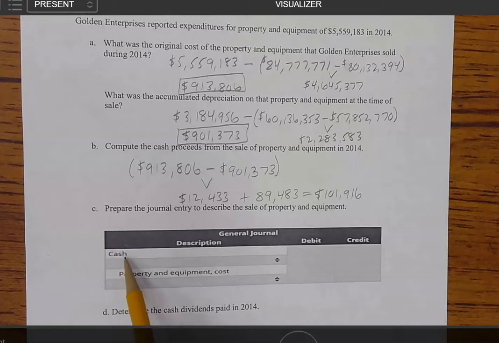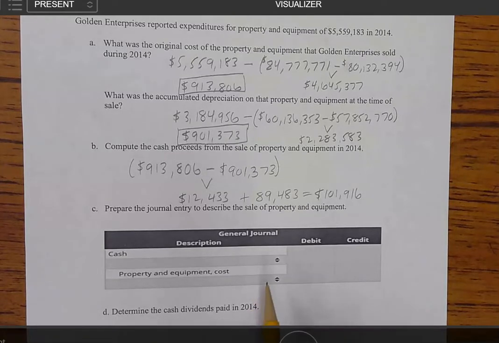So they have provided for us here the first journal entry as a debit. Notice how this is all the way over to the left, and then they provided this one credit, so they want from us, looks like, an additional debit and an additional credit.